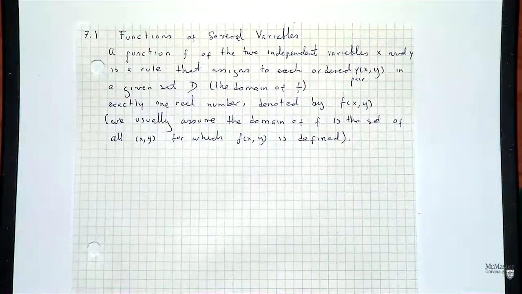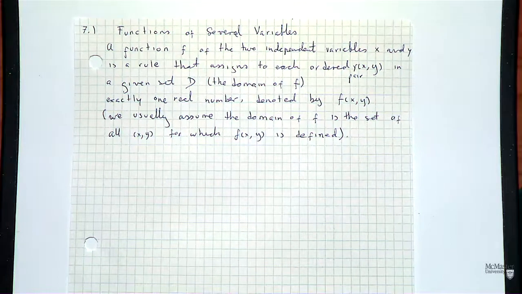And well, the extension is natural, right? The same way we went from functions of one variable to two variables, we can define functions of three variables, four variables, as much as we need.